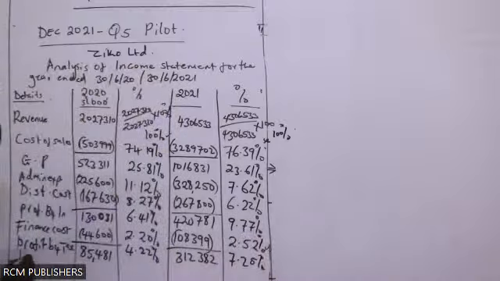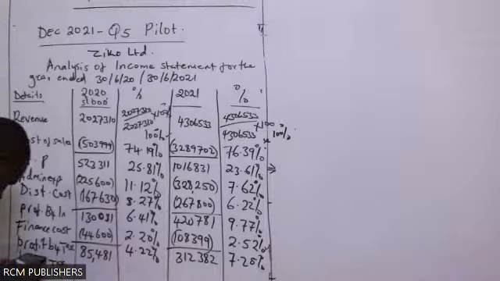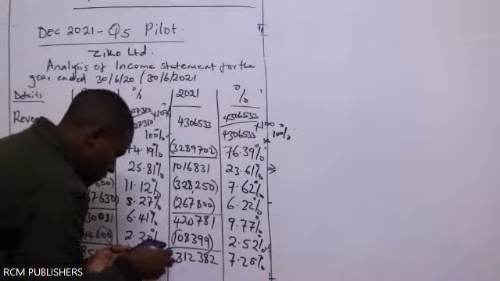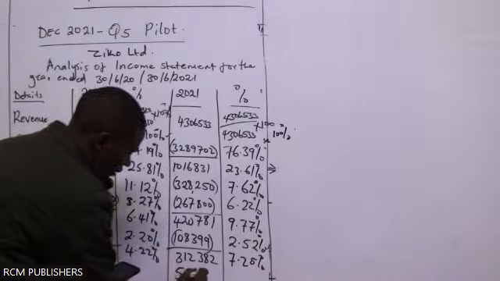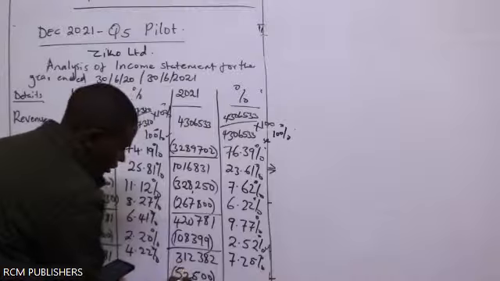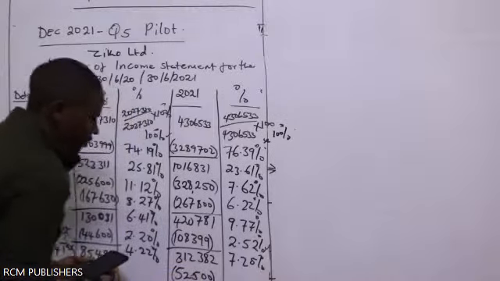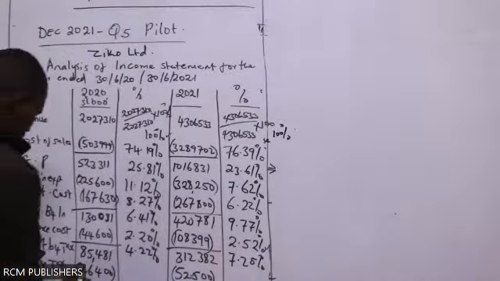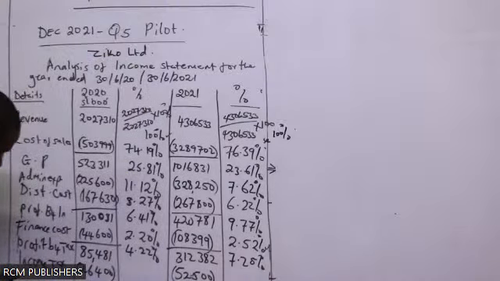Income tax expense, income tax we deduct. Income tax here we have 26,400. The other one we have 52,500. Therefore, give me the percentage of this so that we can get for income tax.